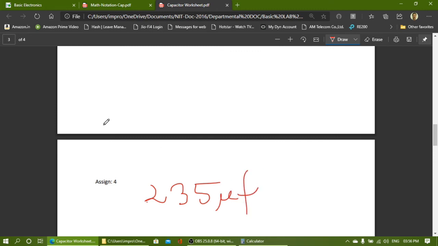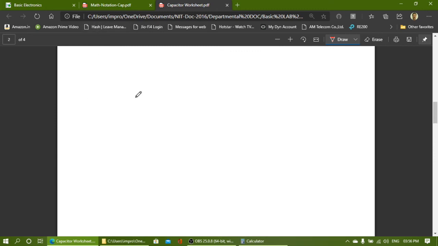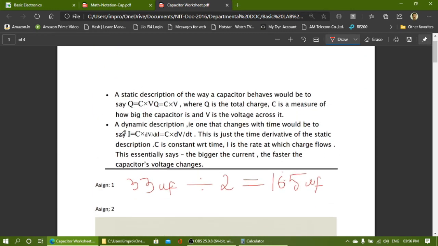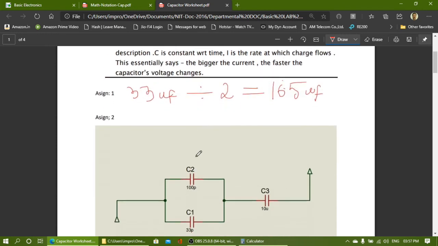microfarad. You will have to apply this equation, where I is calculated by multiplying C with dV by dt.